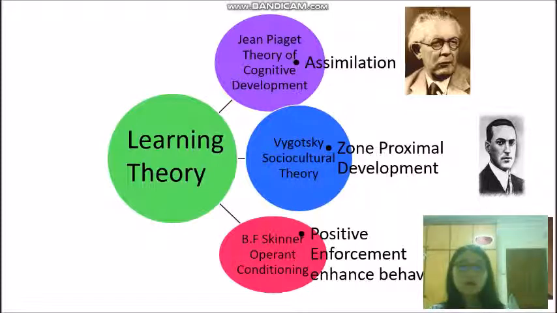Next, I also apply the zone of proximal development from Vygotsky's sociocultural theory in my curriculum planning. The zone of proximal development is a concept meaning that the more experienced people coach the less experienced people, so that the less experienced people can learn well.